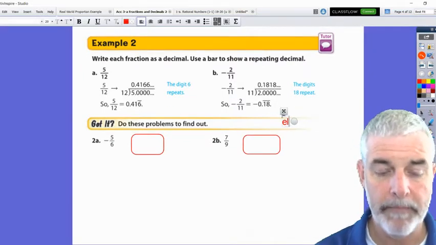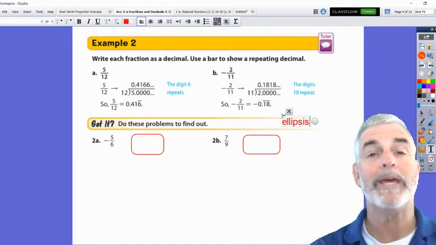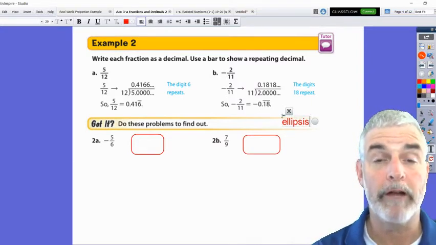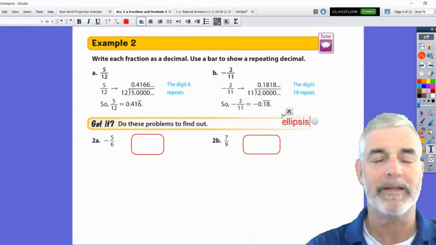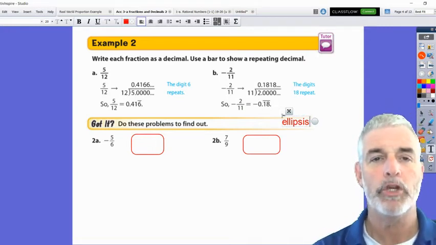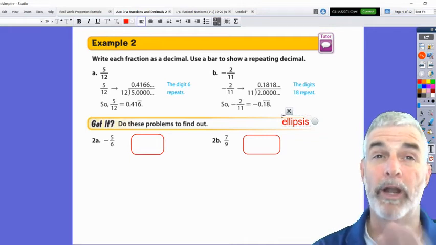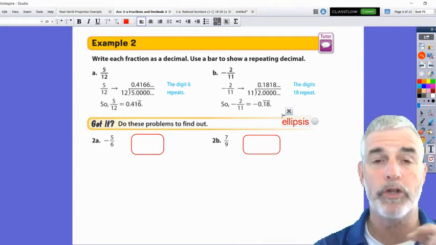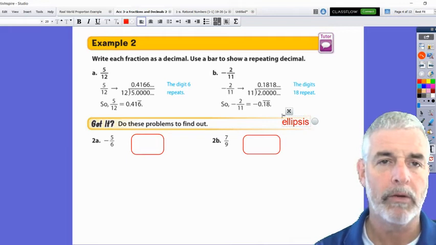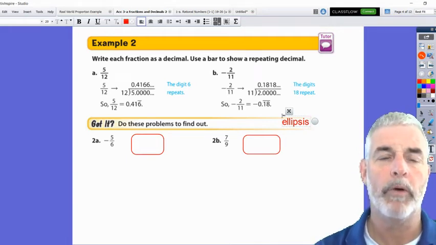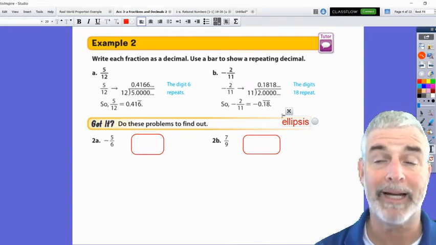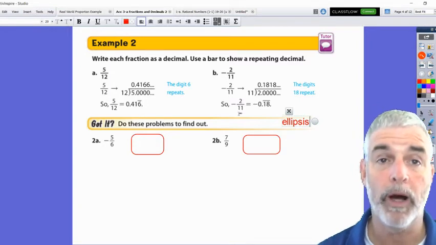And if you can't write a repeating bar because word processing prohibits you from doing that, you can always do the ellipsis, but make sure that you show enough of the repeating pattern so that you can tell what is repeating, okay? You wouldn't want to write 0.416... for 5/12, right?